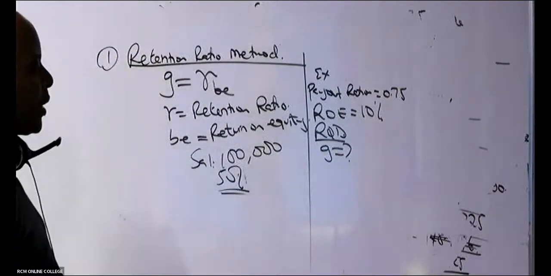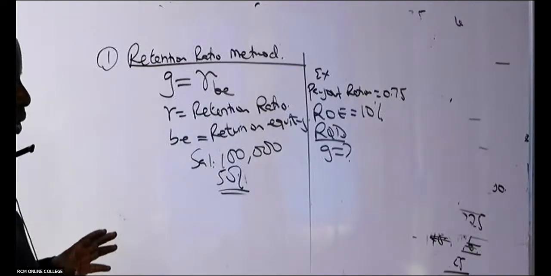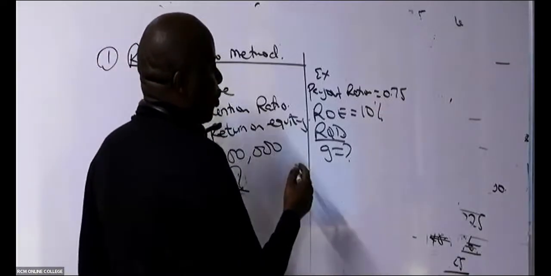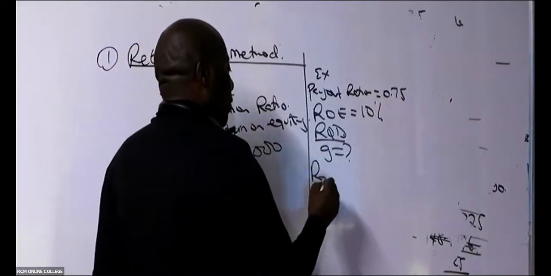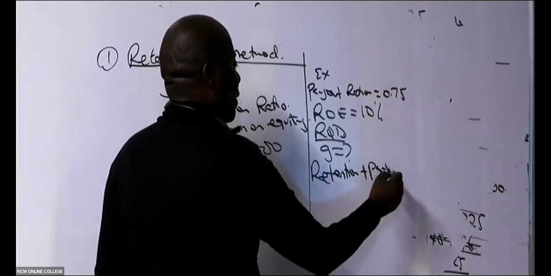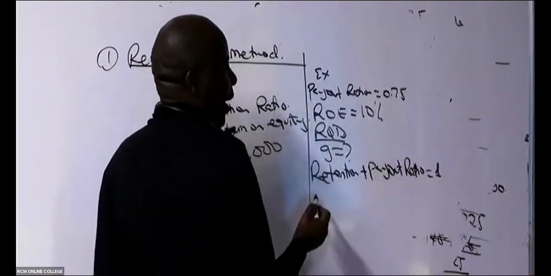Let me give you 1 minute. You try this out. Give us G, the growth rate. Yeah, so please remember that retention ratio plus payout ratio must always add up to 1.